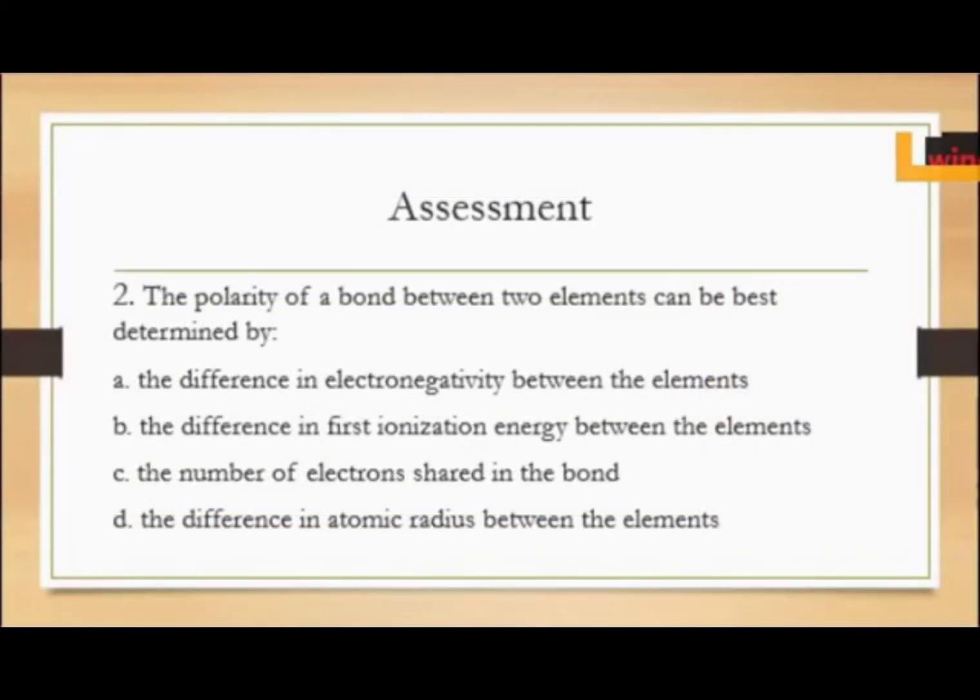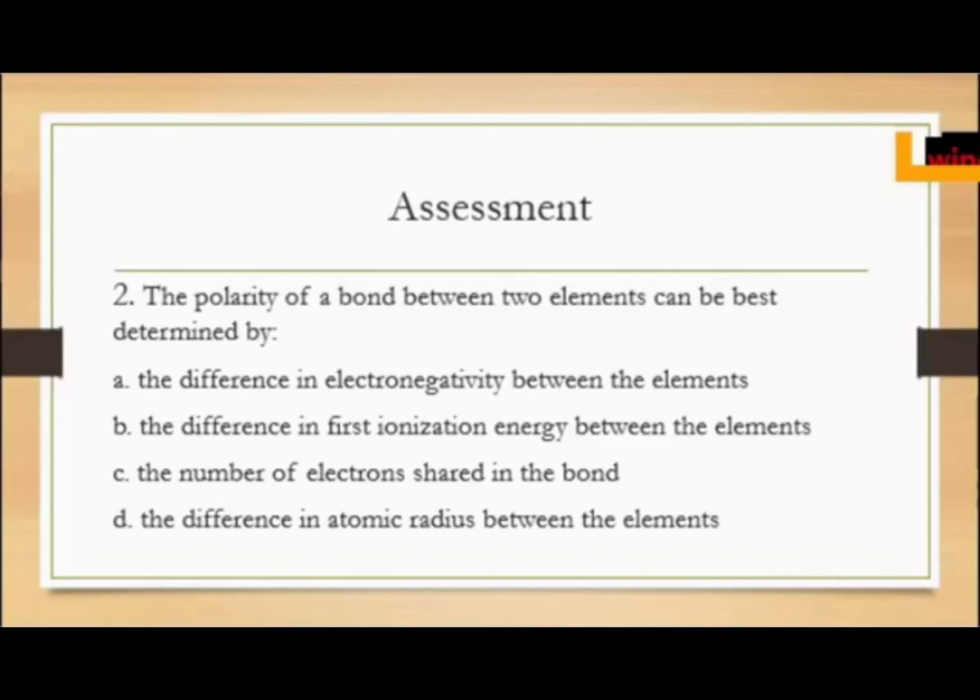the question, or the statement, is: the polarity of a bond between two elements can be best described by A, the difference in electronegativity between the elements. B, the difference in first ionization energy between the elements. C, the number of electrons shared in the bond. Or letter D, the difference in atomic radius between the elements.